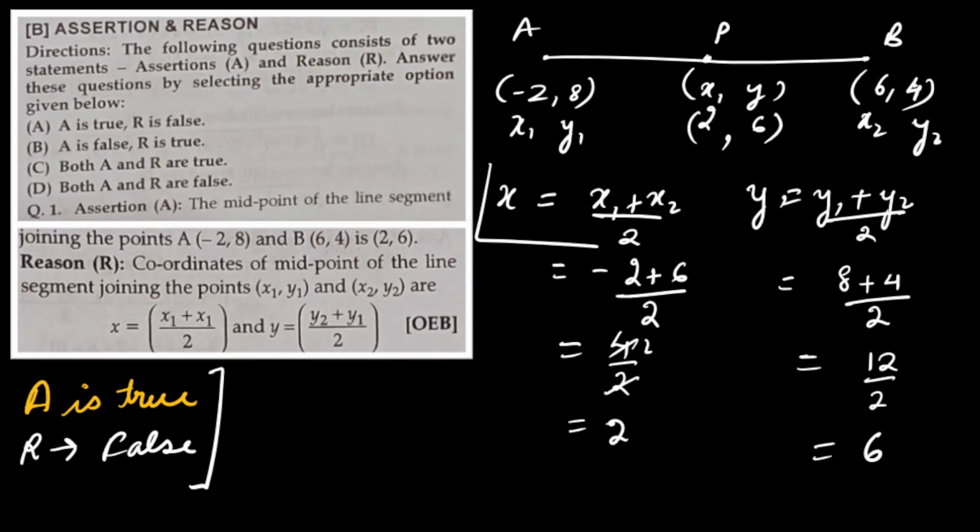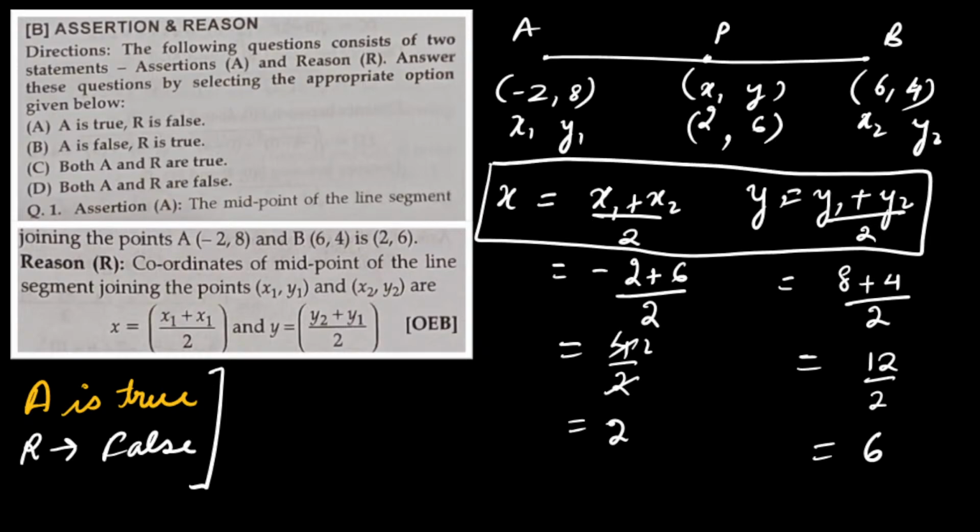This is the formula I have written: x is equal to (x1 plus x2) by 2, and y is equal to (y1 plus y2) by 2. This is the correct formula to find the coordinates of the midpoint. Here they have just given us x1 plus x1, so that's why the reason is not true.